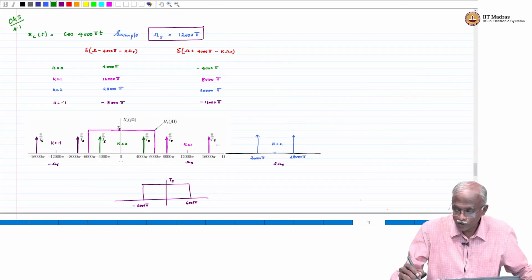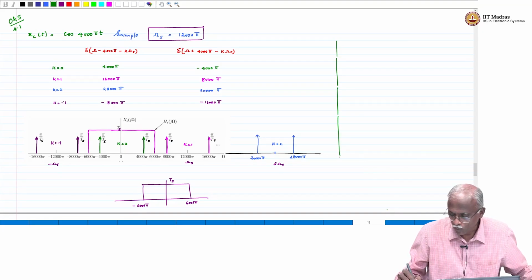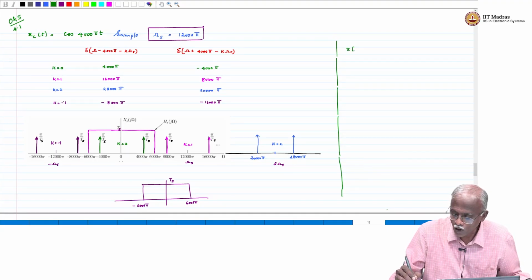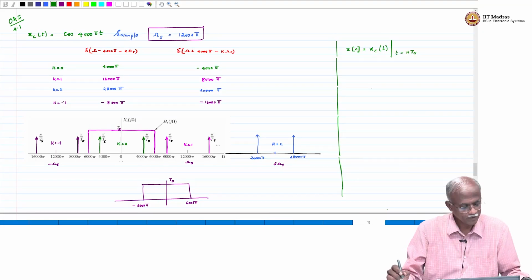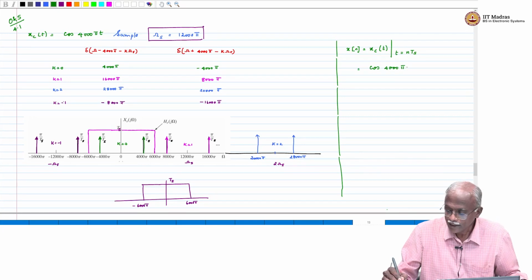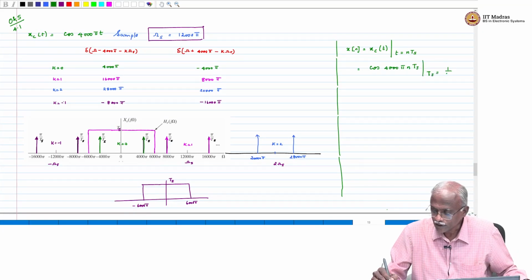Now I want to also take a small portion of the page to discuss what happens in the process of sampling the signal. I have x of n, which is the continuous time signal xc of t sampled at t equal to n Ts, correct? So, this is cosine 4000 pi n Ts, where Ts is equal to 1 over 6000.